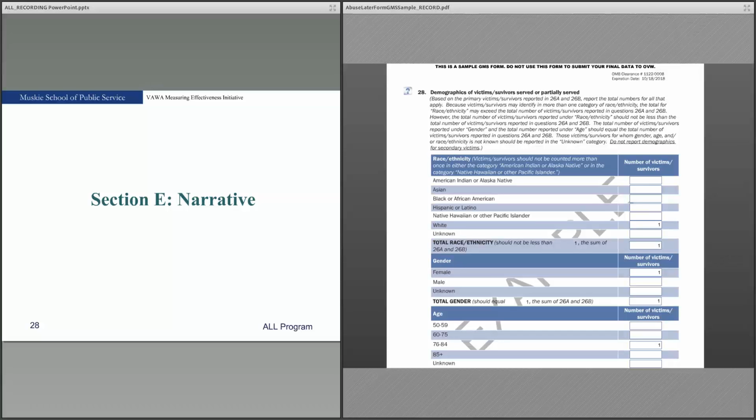Before I move on to the narrative section, I would like to show you the demographics section, where you would fill out the demographics for the one victim survivor who was served in this current reporting period.